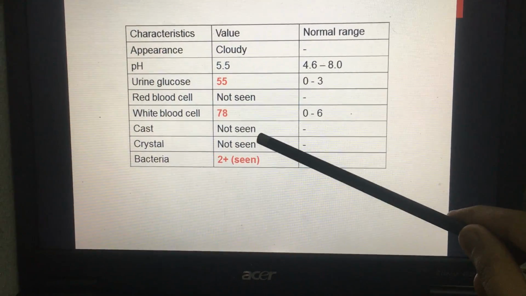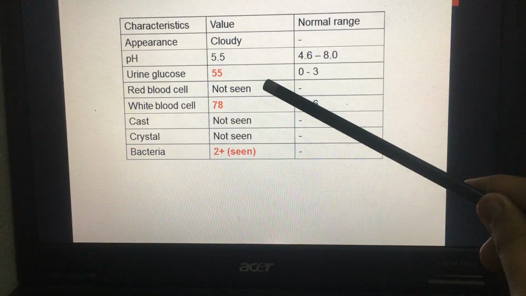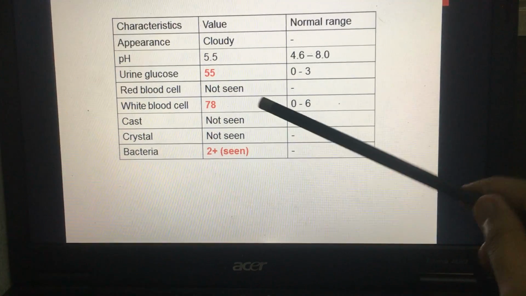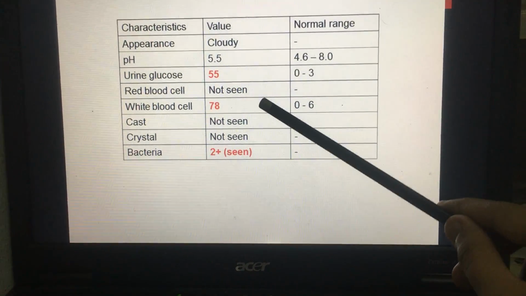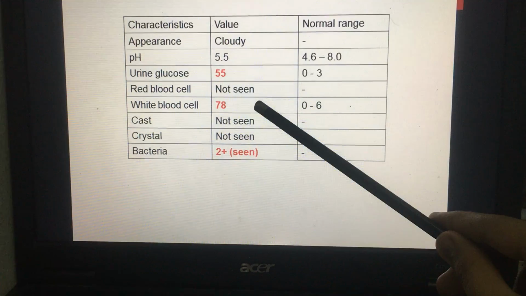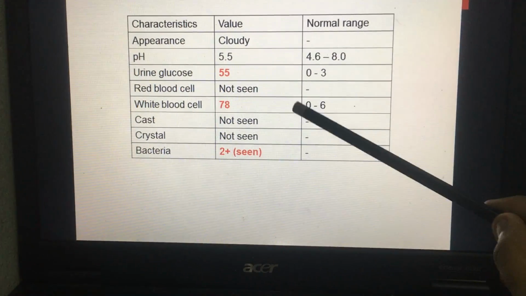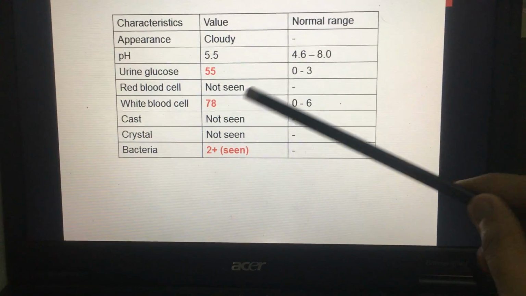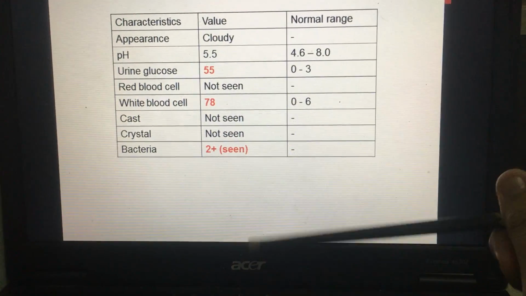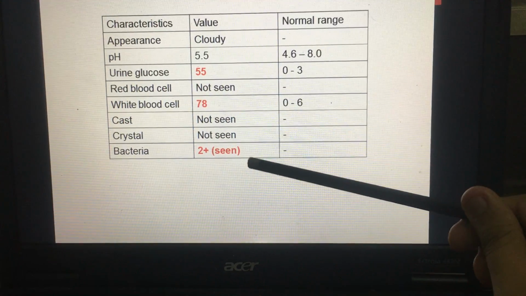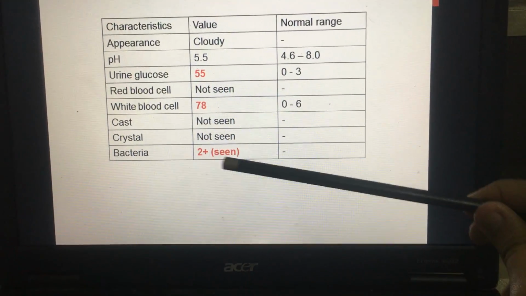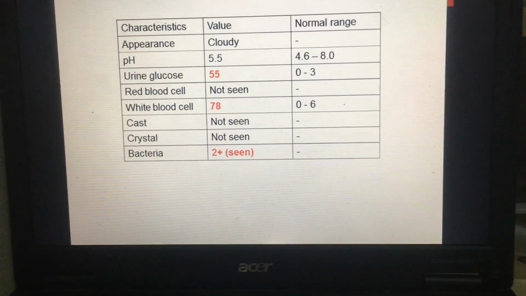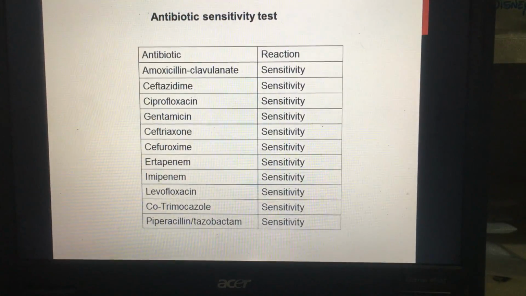And red blood cells are not seen on the microscopic. White blood cells show abnormal because it's more than 6, which is the normal range, it's supposed not to be more than 6. And the cast and crystal are not seen, but the bacteria is 2+, which is quite a lot.